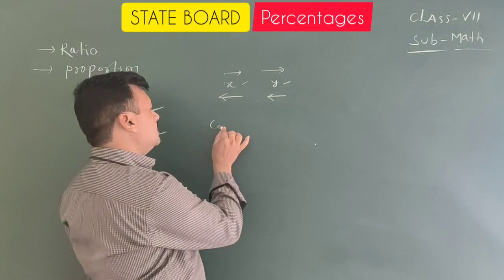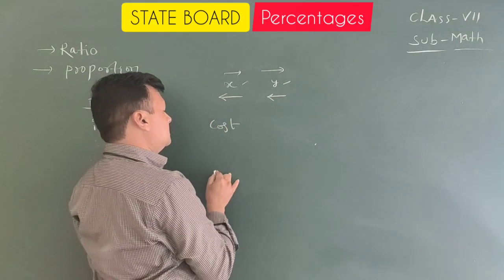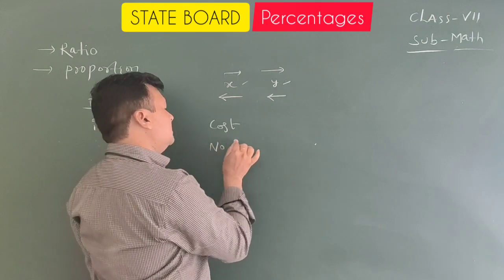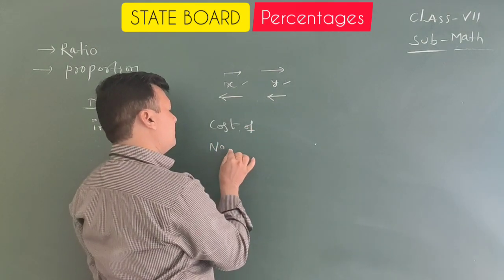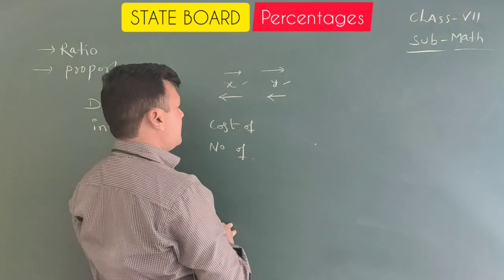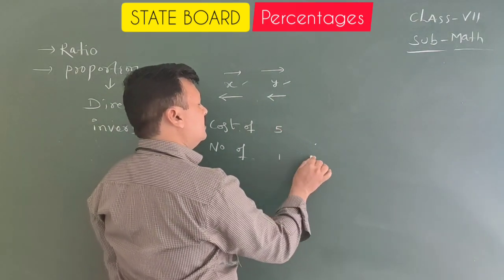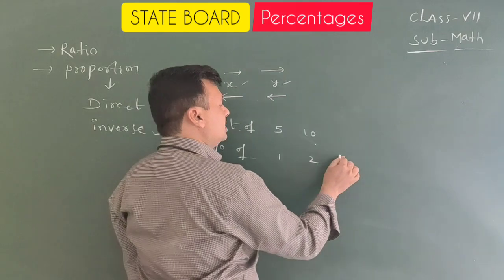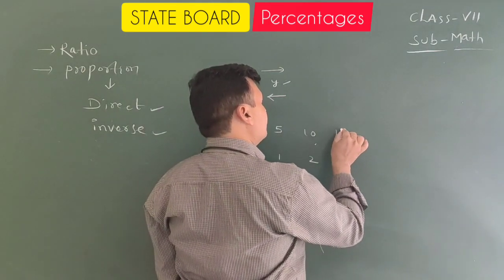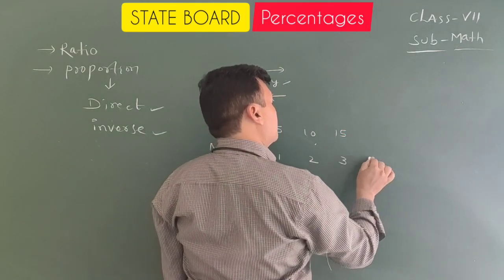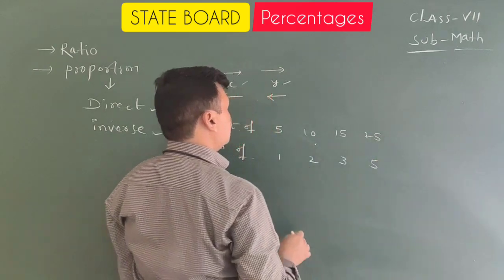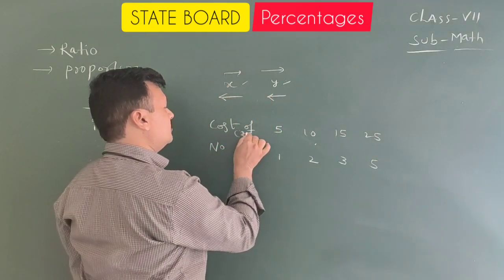For example, cost of pens and number of pens. Here, 1 pen costs 5 rupees, 2 pens 10 rupees, 3 pens 15 rupees, 5 pens 25 rupees, like that.